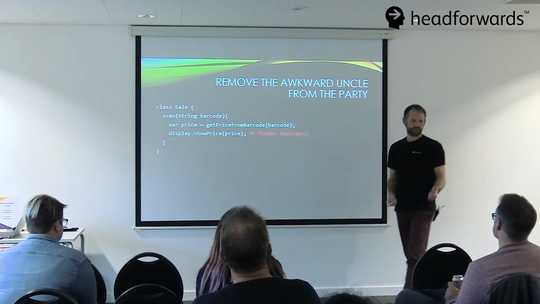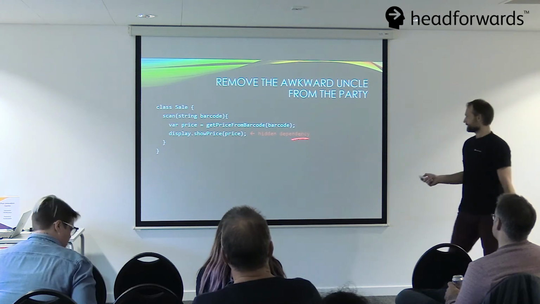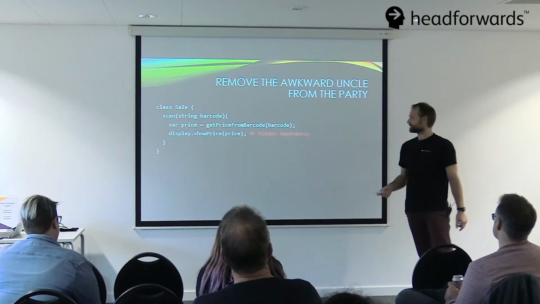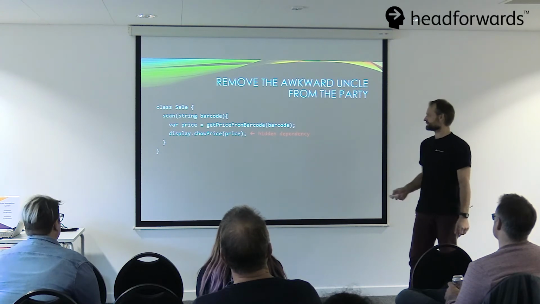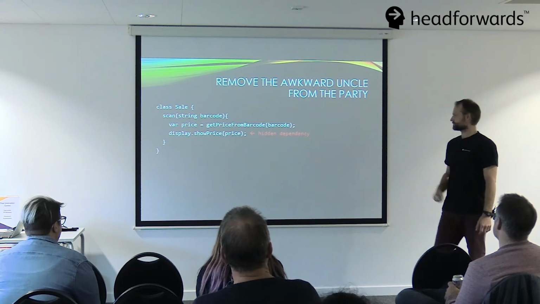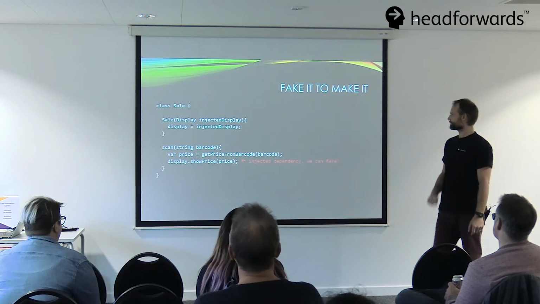So maybe it's a hand scanner and it's got a display on it, and it shows a price, and that's it. But this is a hidden dependency, because where does the display come from? Nobody knows. Try and create one of these sales classes, and it throws some exceptions because it doesn't have a display. We're not sure how to create it.